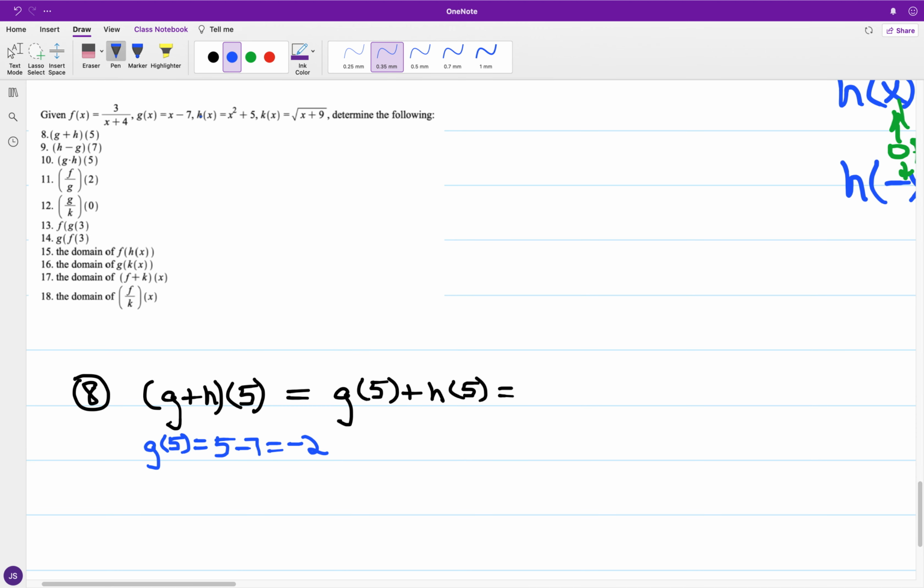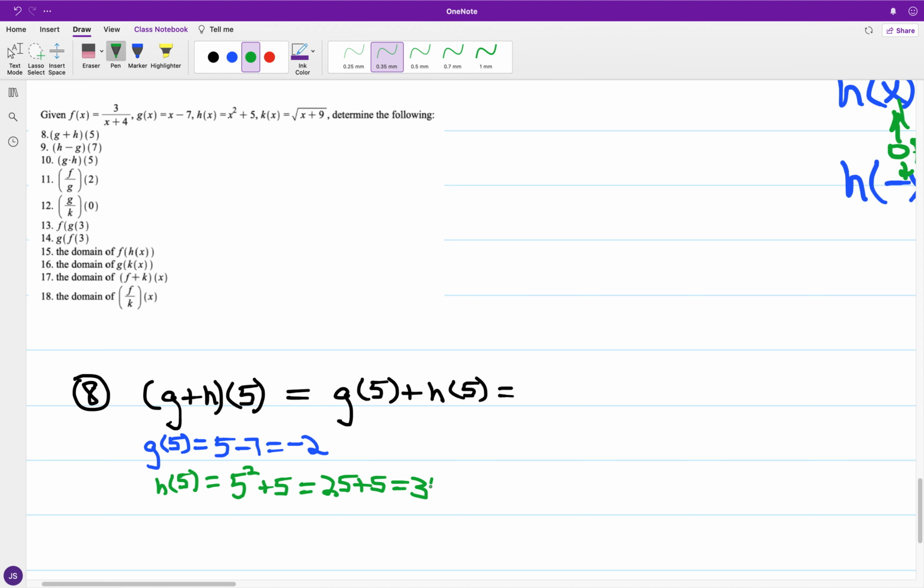And for h of 5, you have h of x equal to x squared plus 5. So for h of 5, we have 5 squared plus 5. 5 squared is 25, and 25 plus 5 is equal to 30.